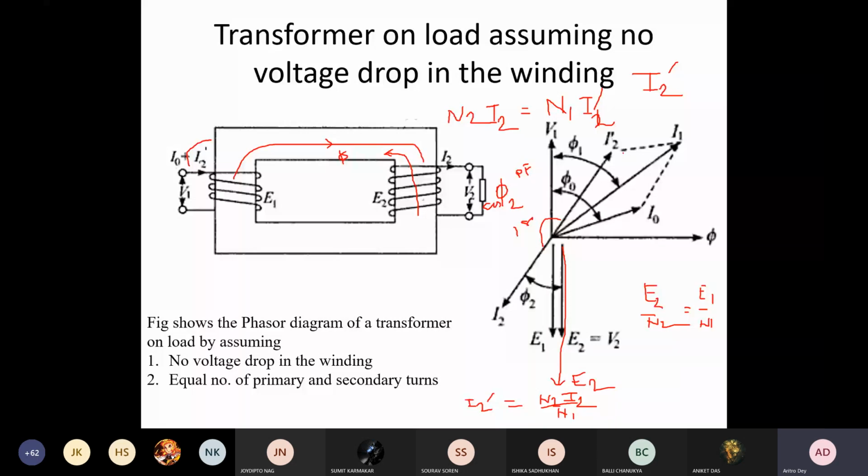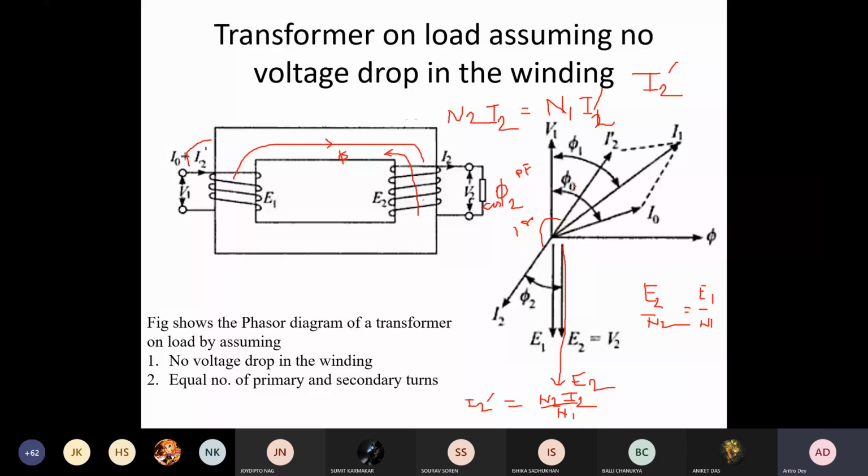So that we have drawn, which is your I2 dash, and then there was I0 due to the magnetizing component. So this is your no load current, and this is the component for balancing your MMF due to load connection in the secondary. So now you take the phasor sum of these two as shown here. This is your phi 0, which is due to the no load condition, and then once you have connected the load, this is your phi 1.